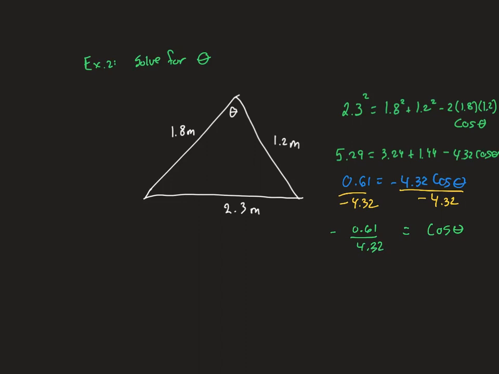And then finally, if you want to get the theta, you're going to have to go cosine inverse of this whole mess. Okay, so you put that into your calculator. And it should give you, well, approximately 98 degrees. And I just rounded it to the nearest whole number here. And that's how you would solve for angles.